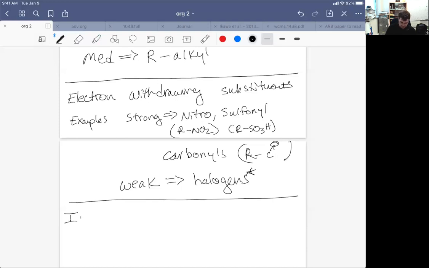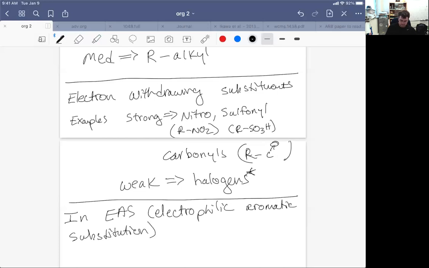So in EAS, which is electrophilic aromatic substitution, the aromatic ring, which is the benzene, is the nucleophile.